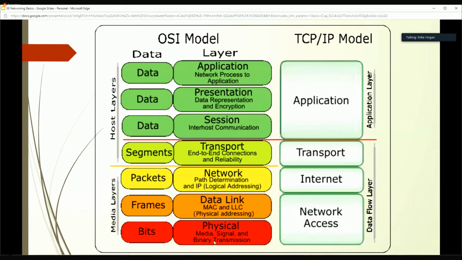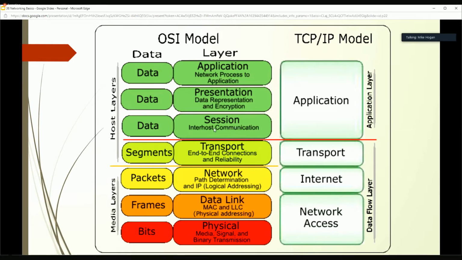On the receiving side, this packet would be received, and it is then stripped away layer by layer until we get to the data that was placed in by the application.